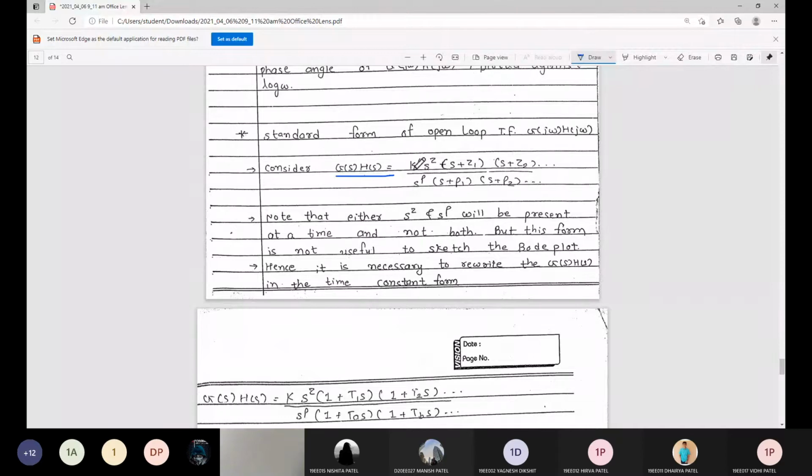You will have one DC gain K, and then s raised to z, (s plus z1), (s plus z2), divided by s raised to p, (s plus p1), (s plus p2). So what is this K? Can anybody tell me what K is? K is nothing but the DC gain, which we have seen earlier. What are this factor, this factor, this factor? What are these called?